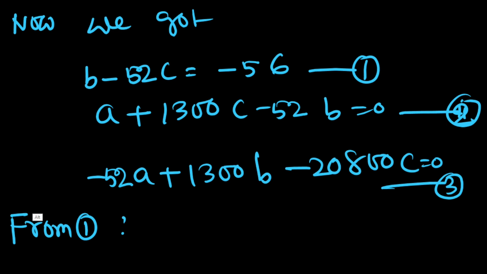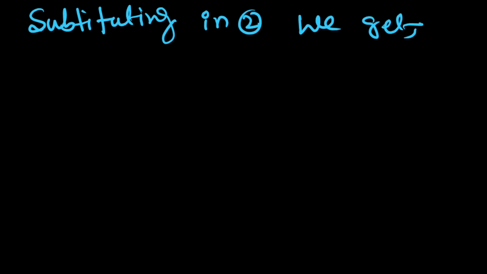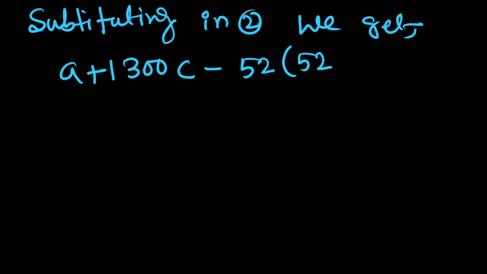So from equation 1, b is equal to 52c minus 56, numbering it 4. Now substituting in 2, we get a plus 1300c minus 52 times (52c minus 56) is equal to 0.